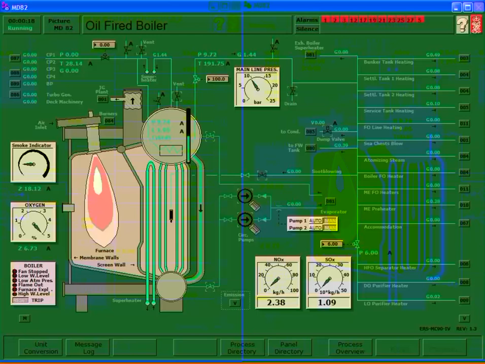But let's talk about the combined cycle gas turbine plant across the water in Crockett. That is a very large plant, and it has a gas turbine that burns the fuel that is led into a waste heat boiler.